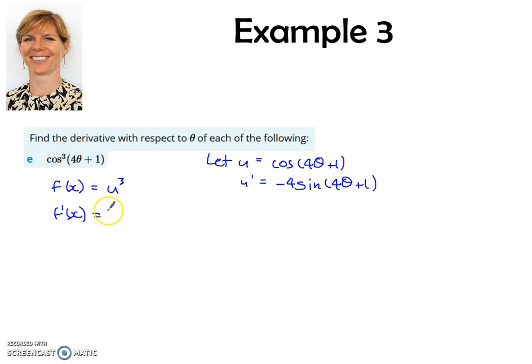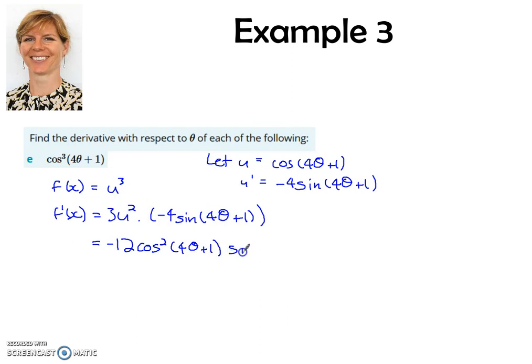Okay, the derivative of that is 3 u squared times this one, u prime, minus 4 sine 4 theta plus 1. Okay, multiply that out, you get your negative 12 at the front. Okay, remembering that u was this, so instead of writing u squared, we can write cos squared 4 theta plus 1. Okay, so that takes care of that bit, and this minus 4, and then times sine 4 theta plus 1. Okay, and that's your answer for that one.